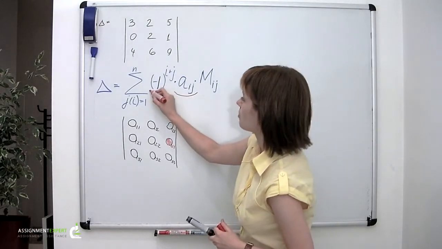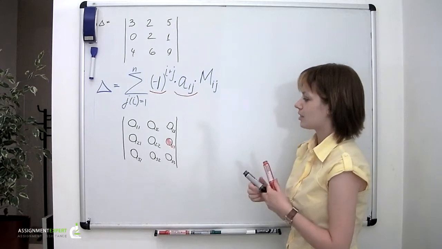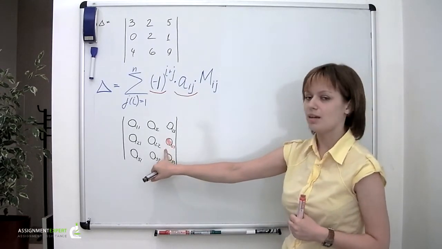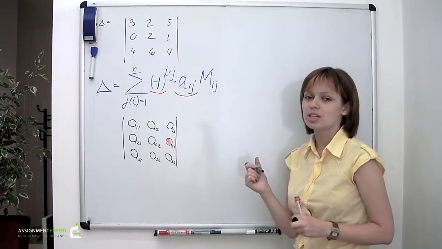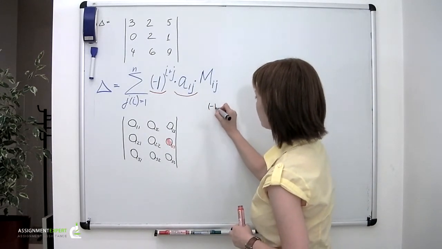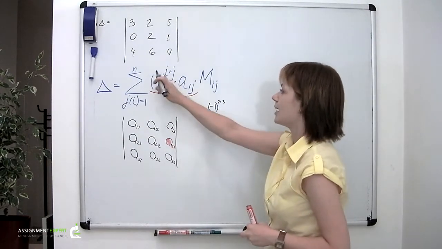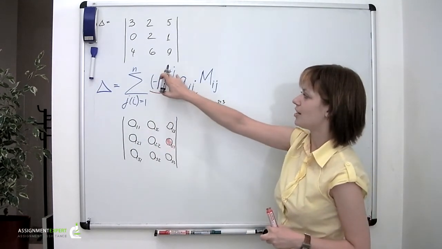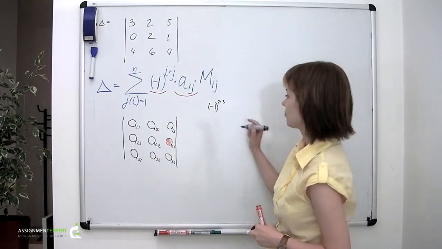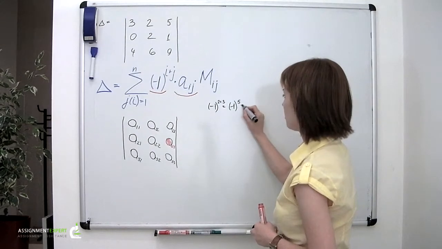Then there is -1 taken to the power of i plus j. Considering the same element, a_23, we would come to the following expression: -1 taken to the power of 2 plus 3, because i equals 2 and j equals 3, which yields -1 to the fifth, which is -1.